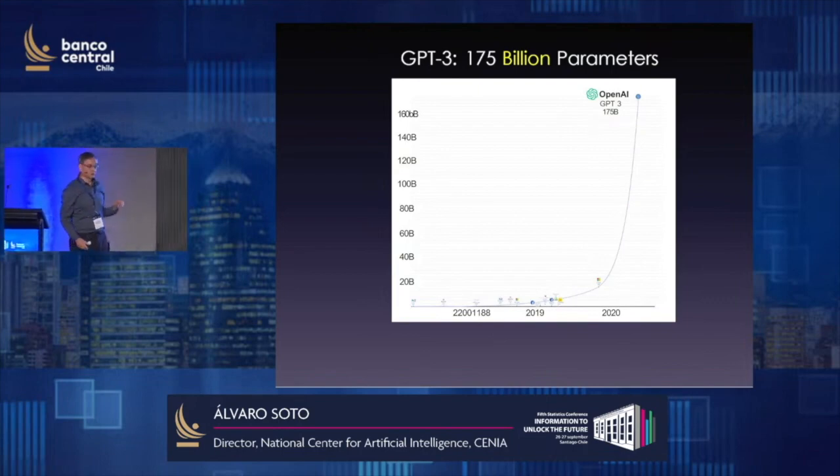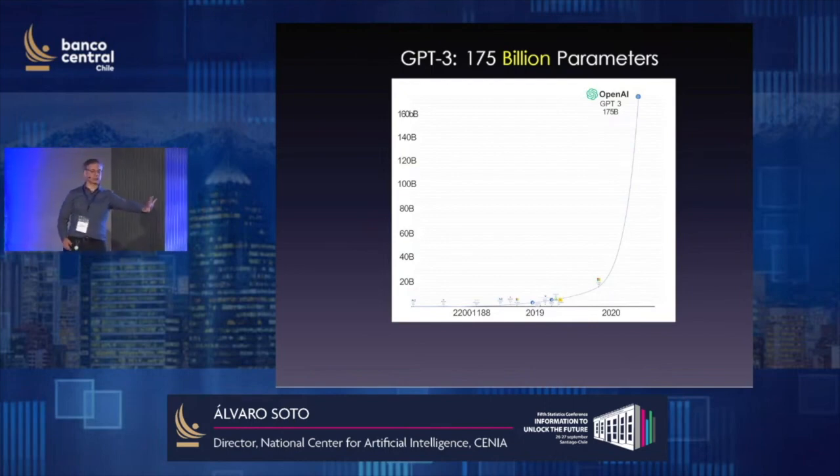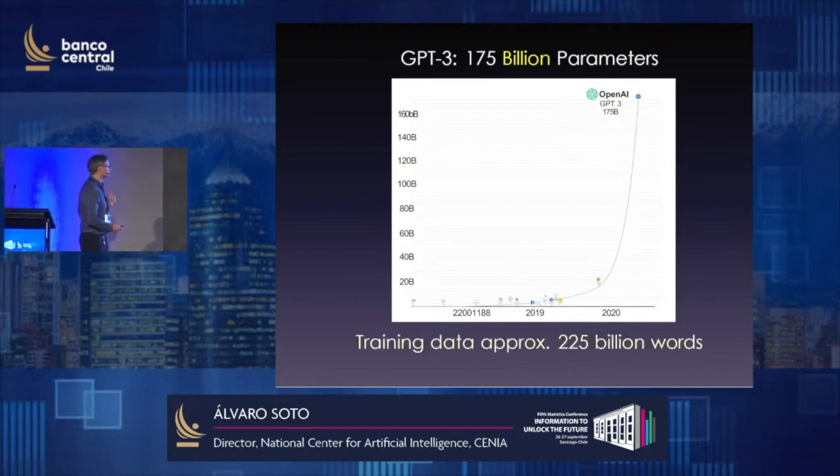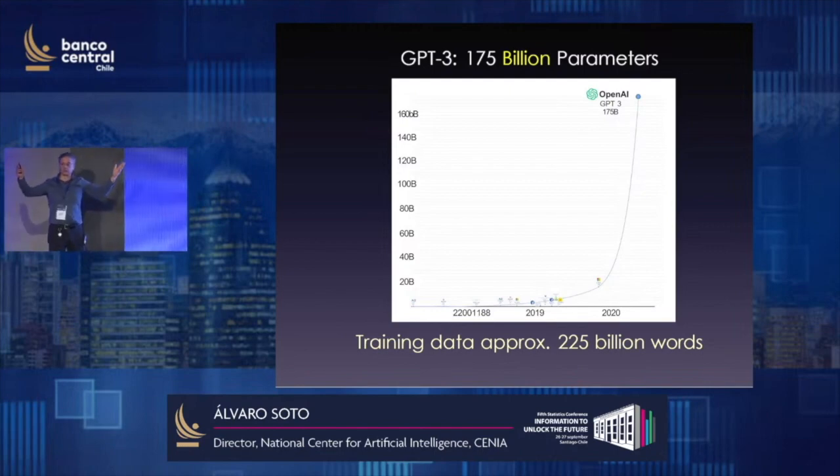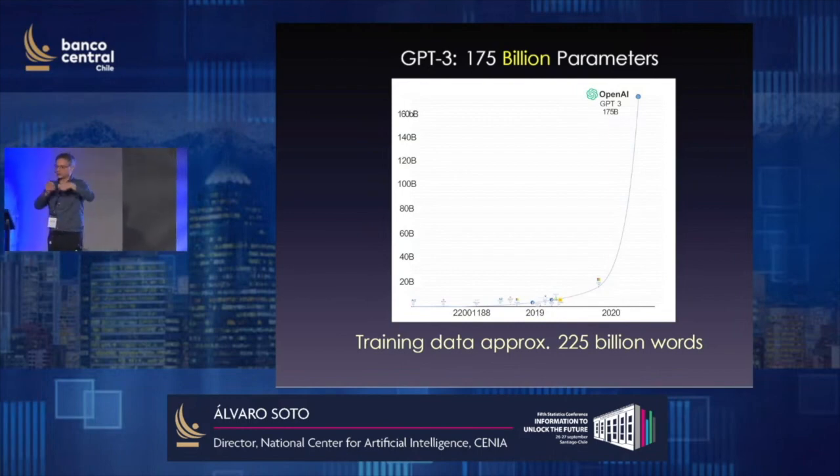That is the new revolution. Now we have a machine that has not only associative memory skills, but also some reasoning. And they used a lot of data to train this, because with so many parameters to fit you need a lot of data. In this case, it was around 225 billion words: all the text of the internet, books, and a lot more.